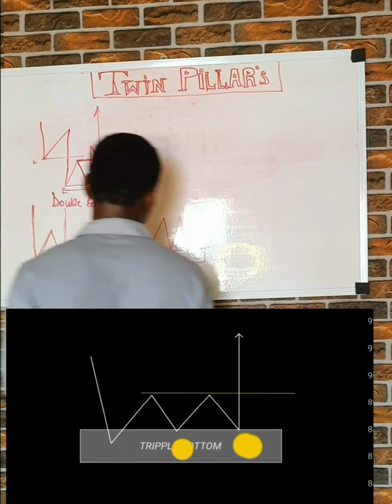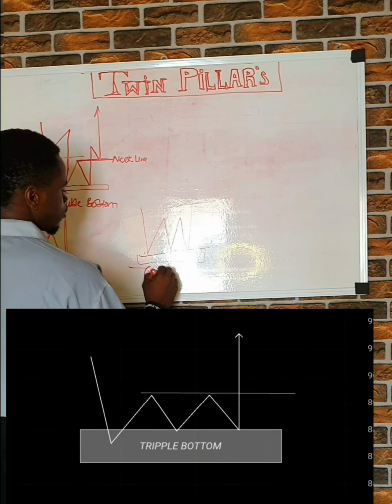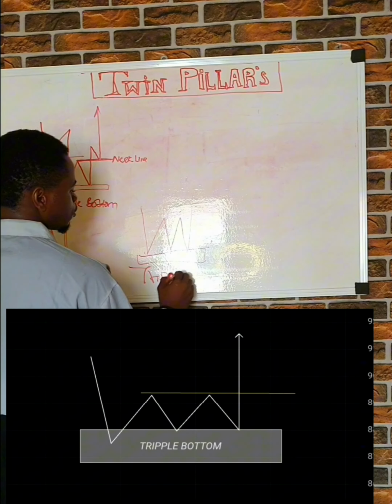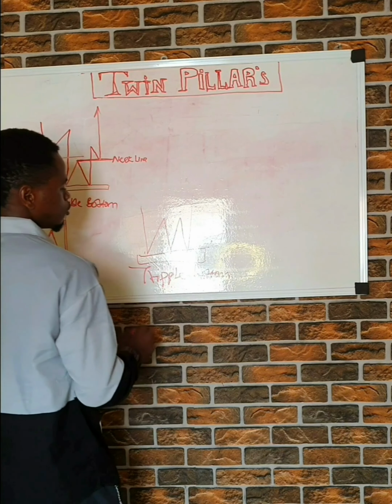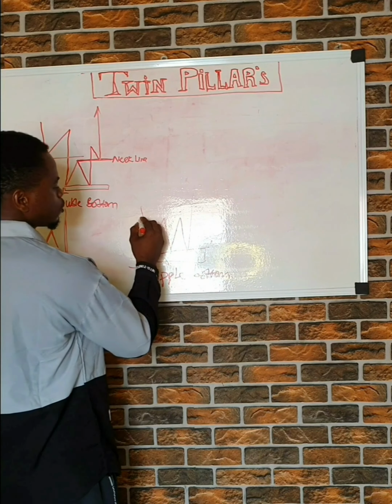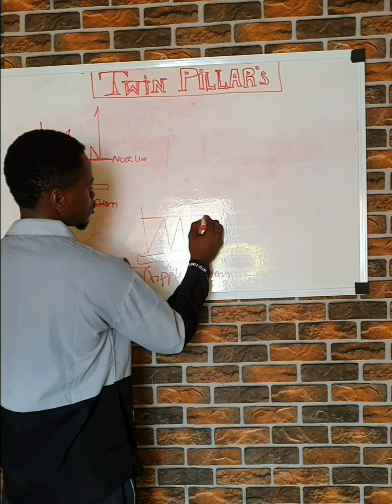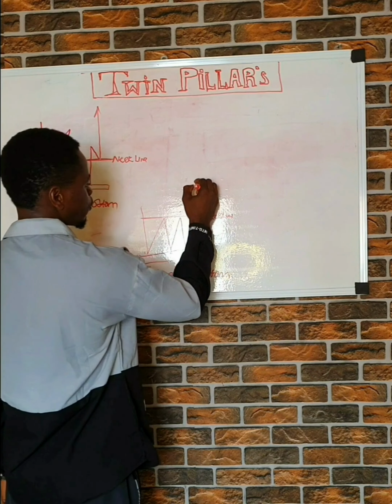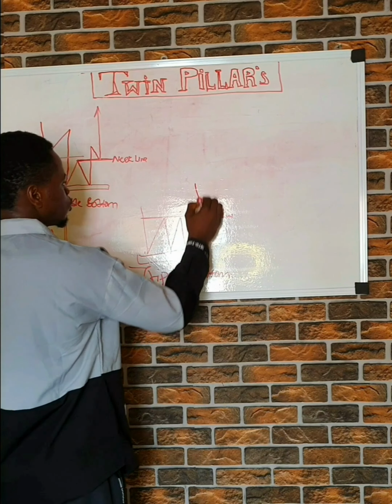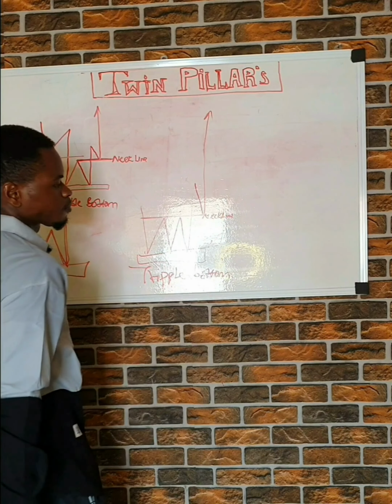So that is why it's called the triple bottom. This is the first, this is the second, and this place will still be your neckline. So whenever price comes back here, you will trigger your buys.